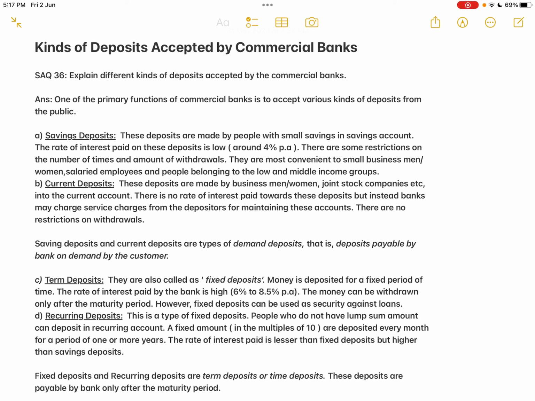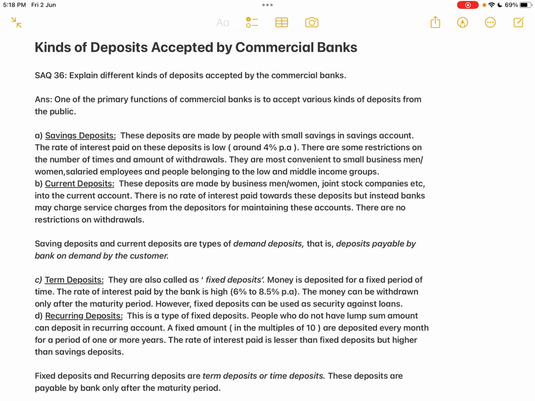So even though the bank is not making any money out of it, the bank is charging the service charges. There are no restrictions on withdrawals. Savings deposits and current deposits are types of demand deposit, that is, deposits payable by the bank on demand by the customer. Whenever the customer demands it, the bank has to repay.